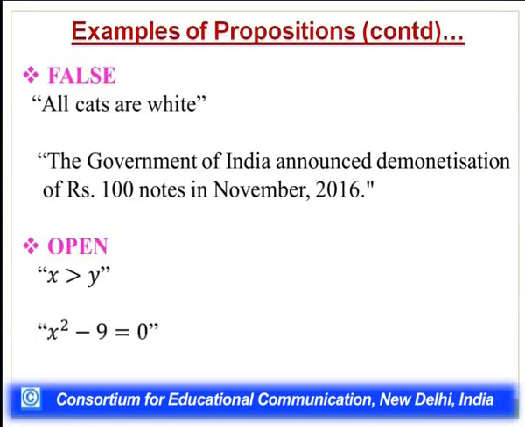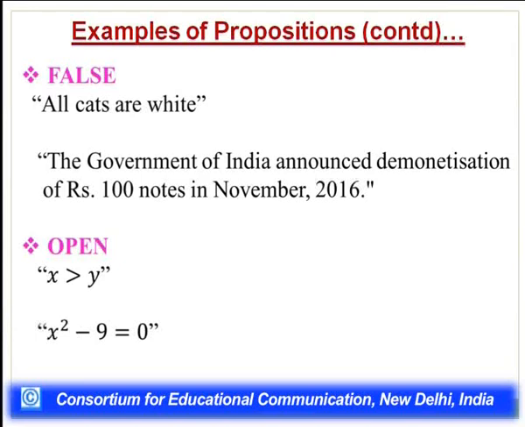Then finally, let's talk about open propositions. If we look at the statement x greater than y, this is an open proposition in the sense that we cannot decide whether it's true or false, and we can decide only if we assign certain values to x and y. For example, if x is 5 and y is 2, then clearly this would be a true proposition.